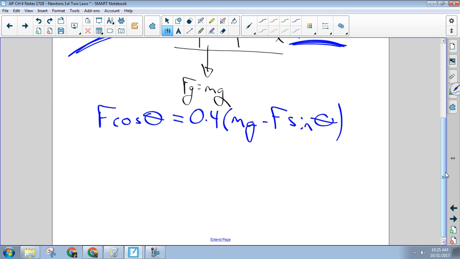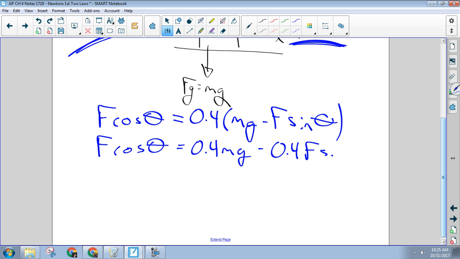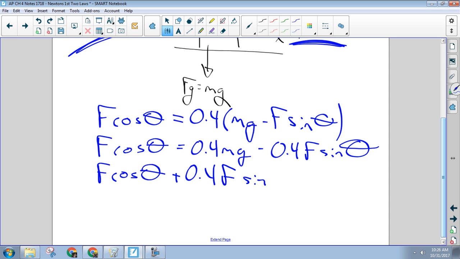So this becomes F times cosine of theta minus, equals 0.4 mg minus 0.4 F sine theta. So let's move everything that has F to one side. F cosine theta plus 0.4 F sine theta equals 0.4 mg.